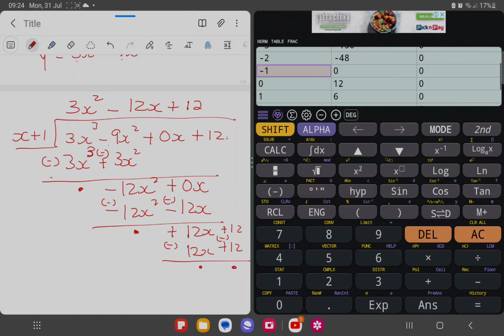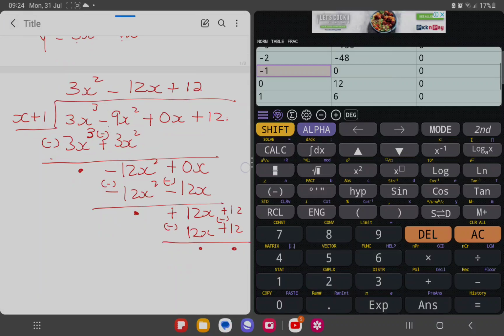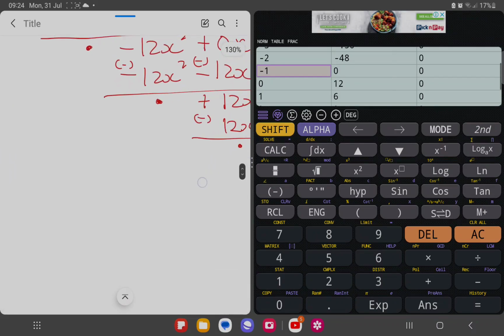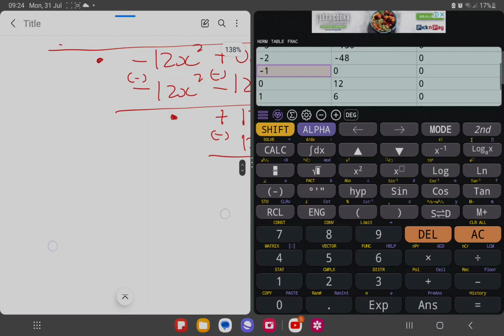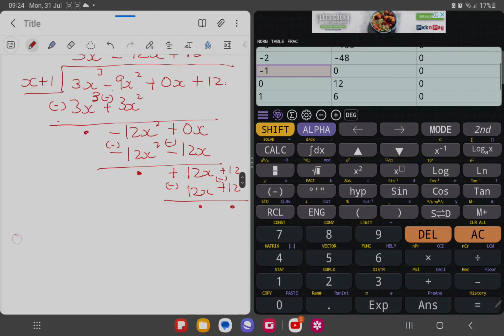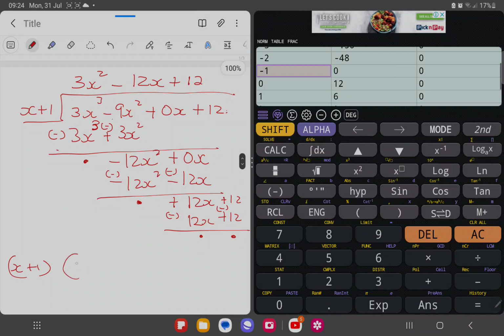Then we must solve for other x values. Okay, then we can go up again. So we've got x plus 1 into 3x squared minus 12x plus 12.